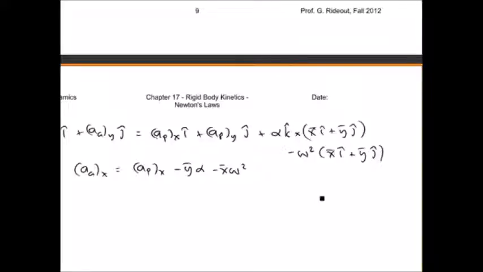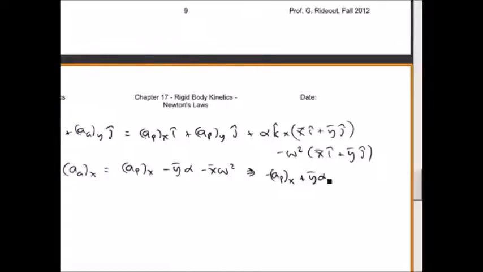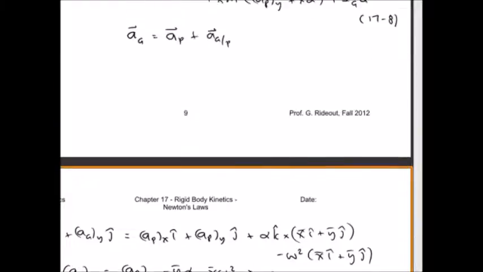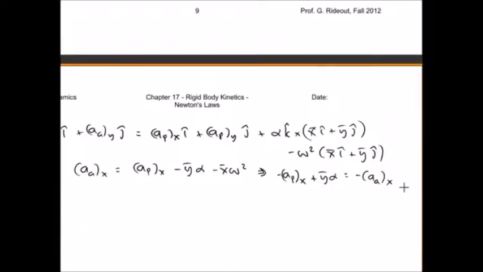And if we work through the other cross products, we'll see a minus x bar omega squared. And that gives us minus a_px plus y bar alpha is equal to minus a_gx.